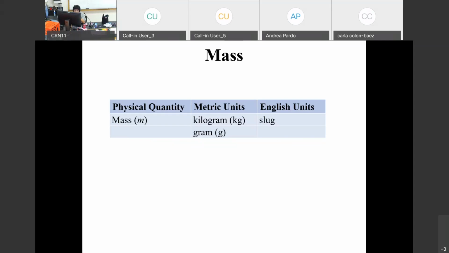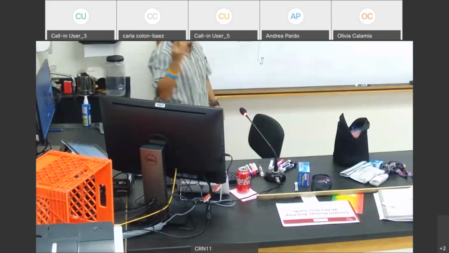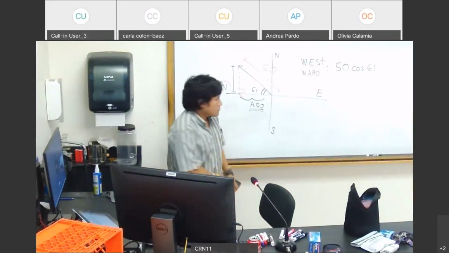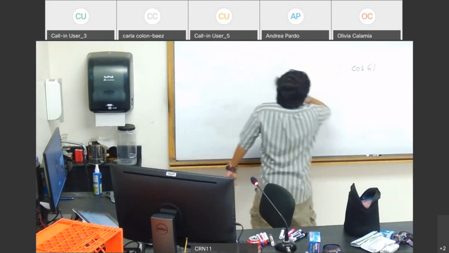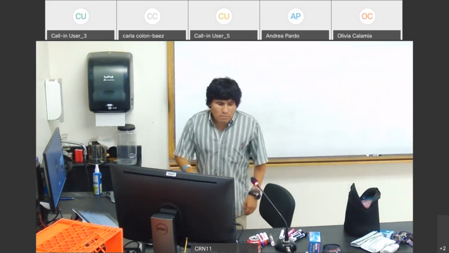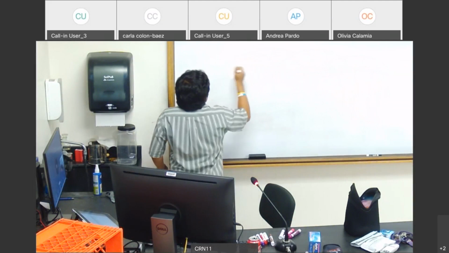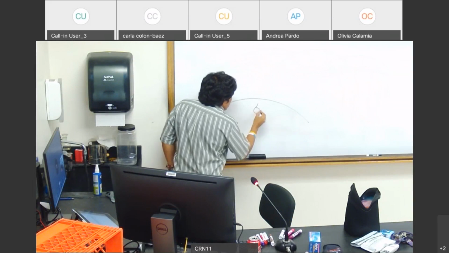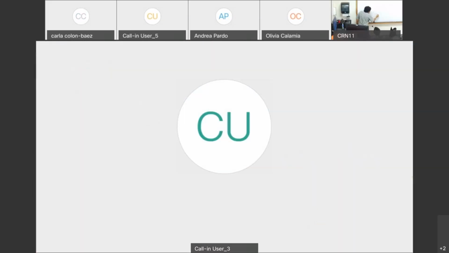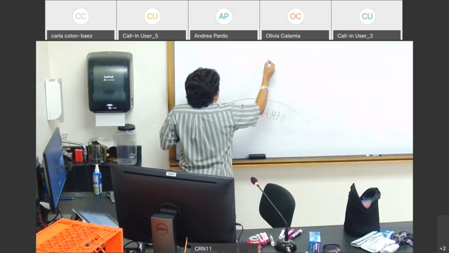So what about weight? Okay, for that I need to do the board. So we know now that the mass of this can be measured in grams. But what's the difference between mass and weight? The difference is that weight is a force, it's a vector. So here is the Earth. All right? And you have a spaceship or anything here.